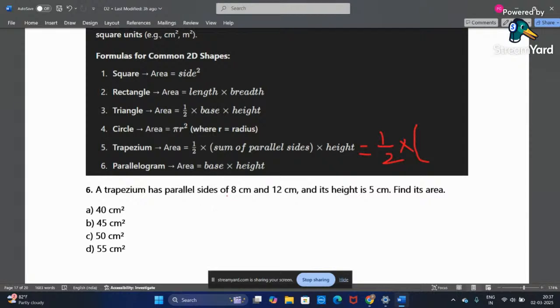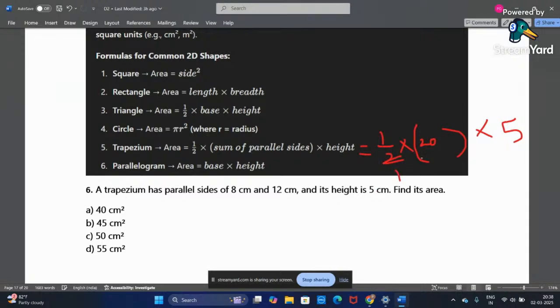The parallel sides are 8 and 12, right? This we need to add. The sum means we need to add 8 plus 12. It is 20. Into, what is the height here? 5. Here everything is in centimeter, so the answer should be in centimeter square.